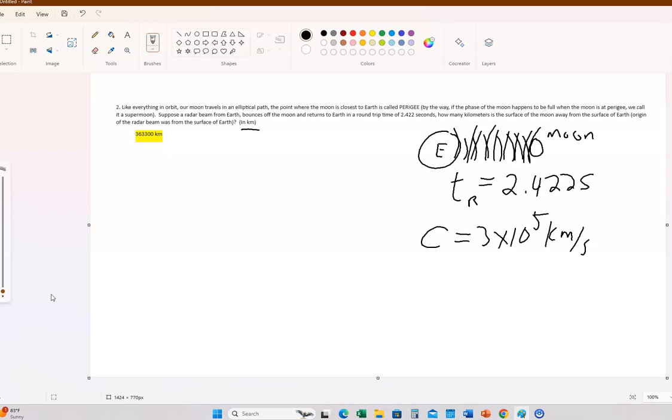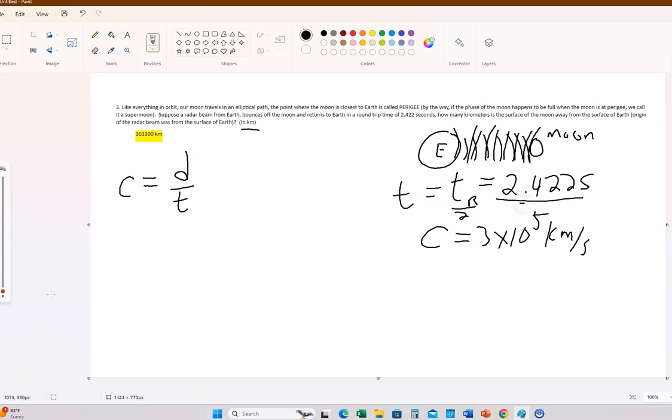So we have this equation. This is the basic idea: the speed of anything is equal to the distance that thing travels divided by the time it takes to travel. The time here is going to be half of the round trip time, so t in our equation equals half of this value.